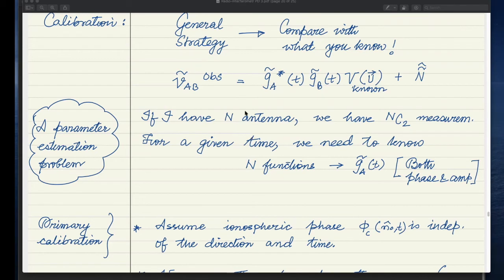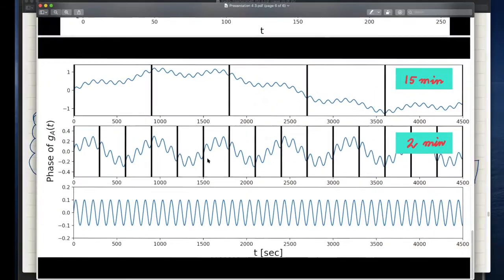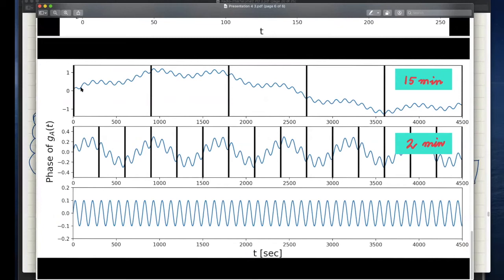At this point, we are not talking about any direction dependent gain. If you look at this picture, we are talking about primary calibration, which is essentially taking out the largest time scale variation, this top one. The ionospheric variation happens at much smaller time scales.